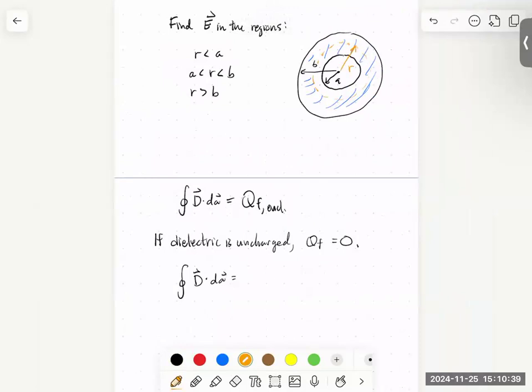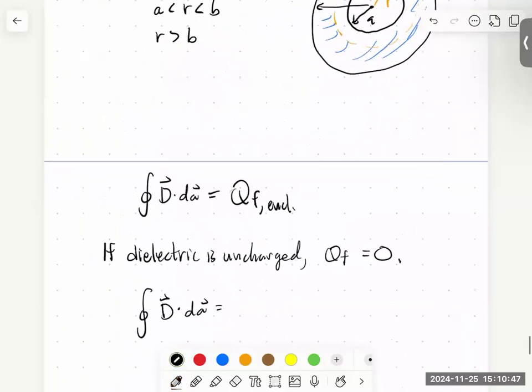The surface area of my Gaussian surface is going to be 4 pi r squared. And so this is going to be equal to D times 4 pi r squared. And this is true for all 3 regions, so I don't have to keep repeating that. Okay.